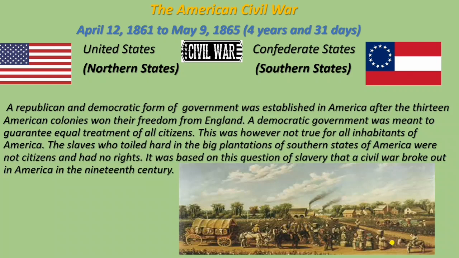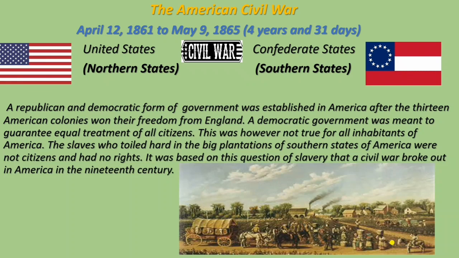But even after adopting democracy in the USA, some people were treated unequally. While a democratic government was meant to guarantee equal treatment of all citizens, some states of the USA, such as the southern states, were not properly following the principle of democracy, and this situation was gradually rising to a civil war.